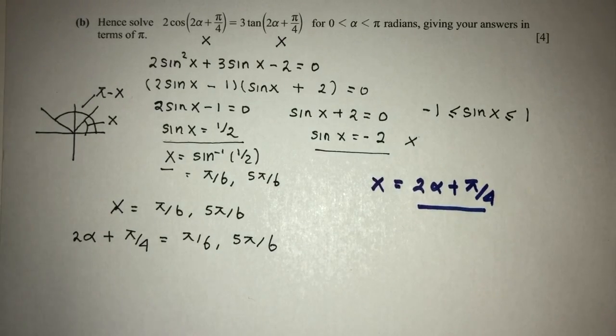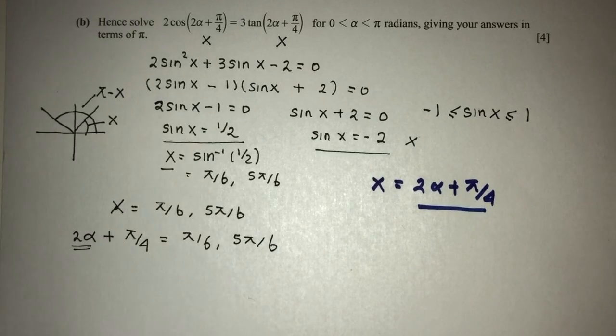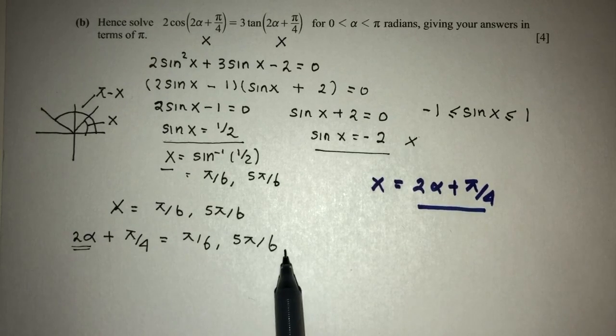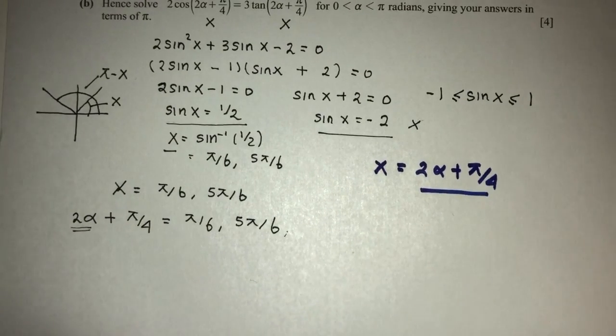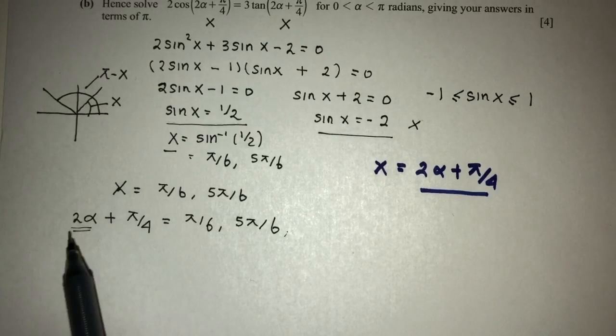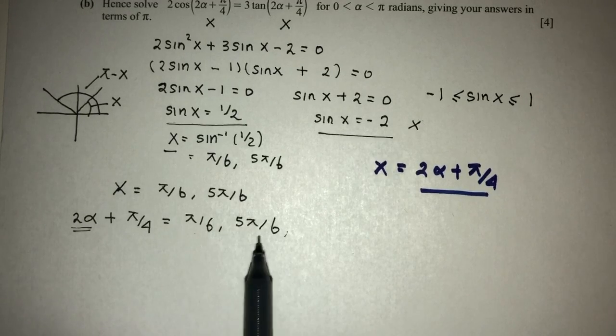Now, the thing is, whenever we have a double angle, if you realize we have 2 times the angle here, we have to be careful because you don't want to miss some values. So what I like to do is add 2 pi to those values to have another angle, to help us find any other angles if they're missing. So again, whenever you have the double angle, 2 before the angle, add 2 pi to this, add 2 pi to this.